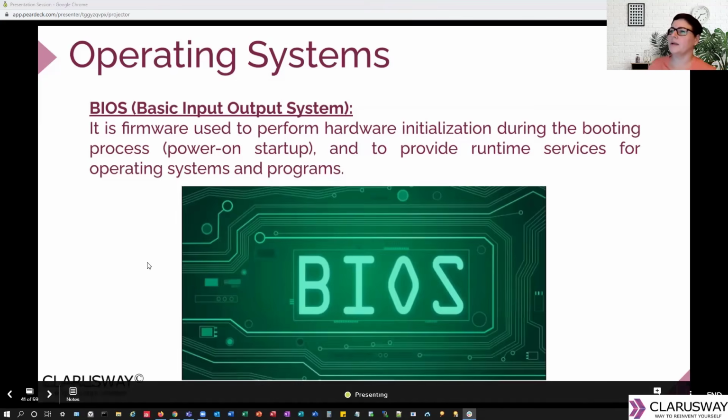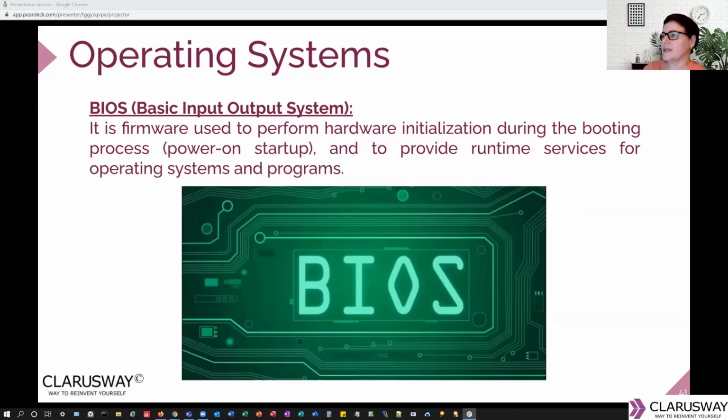All right, so basic input-output system essentially is what we're referring to when we hear the term BIOS. It's a firmware used to perform hardware initialization during booting. So power on. How does the computer know what to do when we press the power on button?